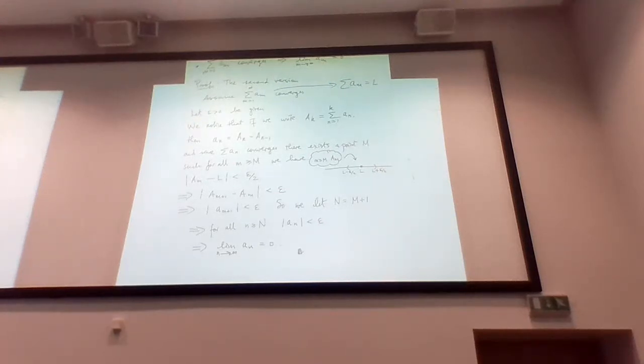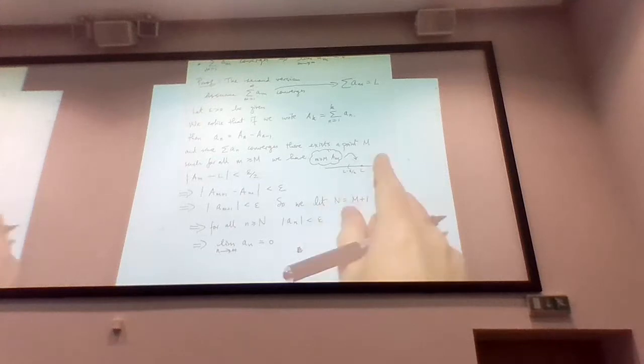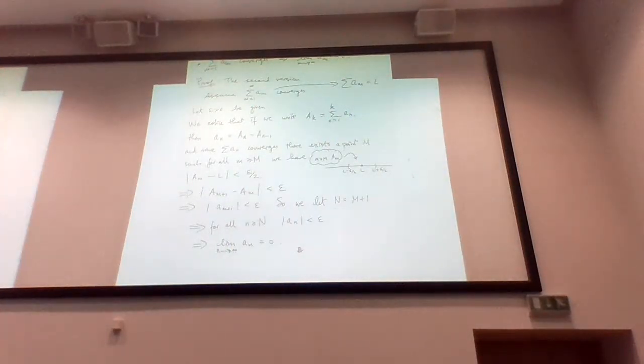There's just this oddity because you're talking about differences of neighboring partial sums, so the point has to move one further on. But the main idea is essentially contained in this diagram. If the series is convergent, that means the sequence of partial sums converges to something. So given any epsilon, we can say after some point, the partial sums all live inside this small interval around the limit.